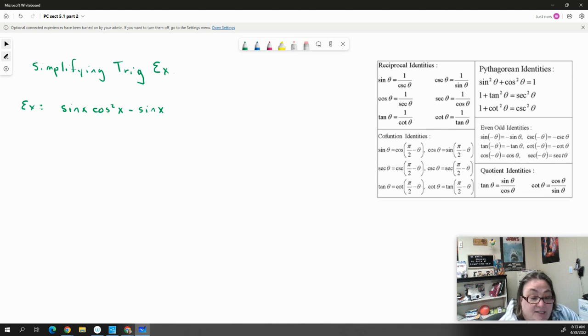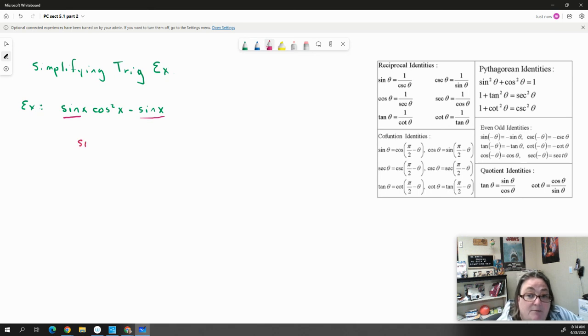When I look at this, I see that right here we have a sine on this side and a sine x on this side. So I think I'm going to factor out sine of x. They each have it on each side of that minus sign. We have a sine of x. So why don't I take it out, right?